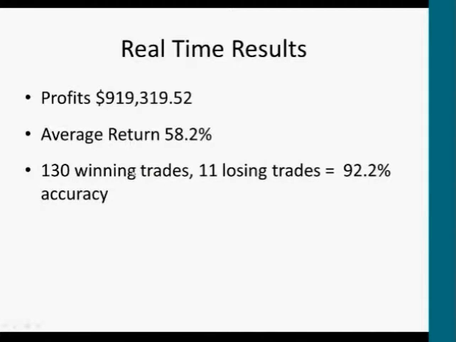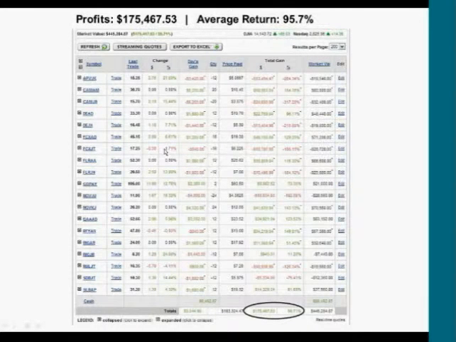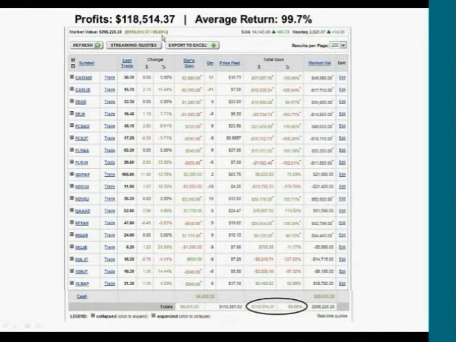There were 130 winning trades and 11 losing trades, so the accuracy was about 92%. So this just summarizes the brokerage confirmations. I'll just go through real quick here so you can see some actual spread trading. On this portfolio, I had a $175,000 profit, average return of 95%.